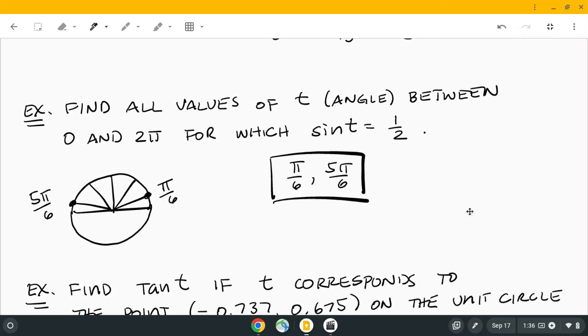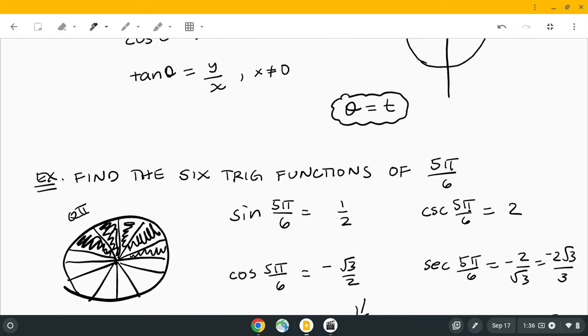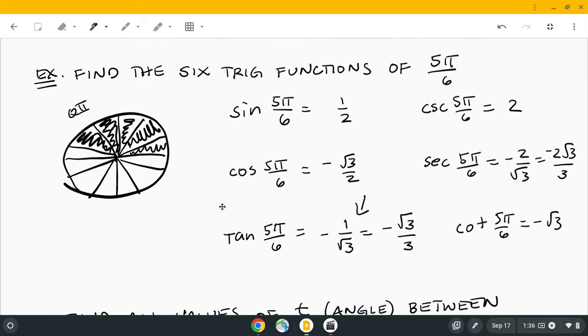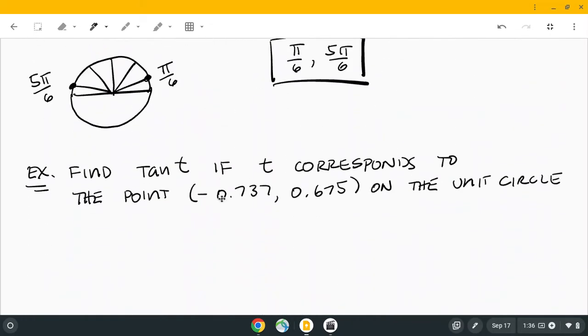Okay, so when we looked up here, we said sine theta equals y, cosine equals x, and tangent equals y over x. So we're going to use that over here.